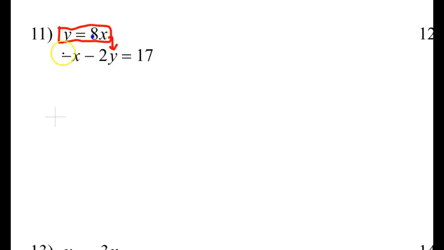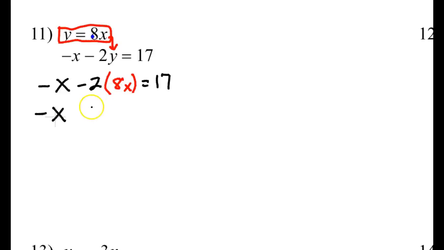So we'll have -8x minus 2 times 8x equals the 17. -2 times 8 is -16.